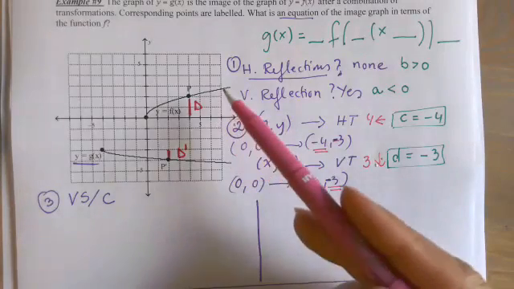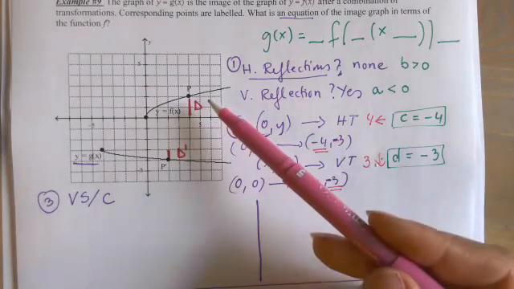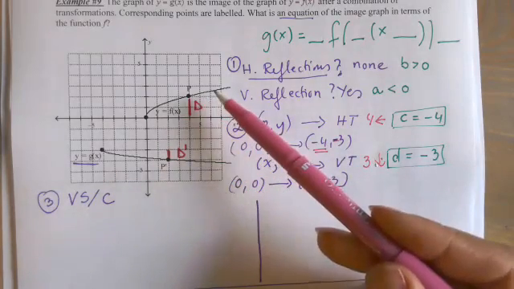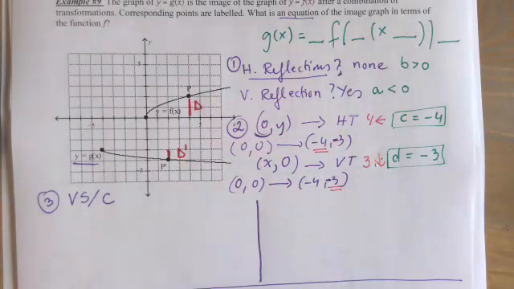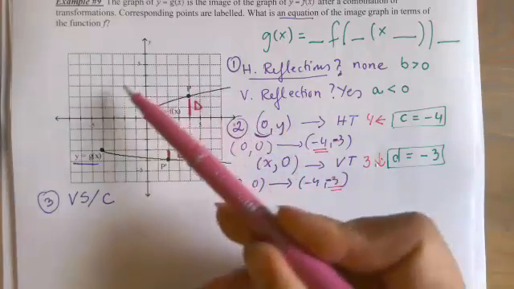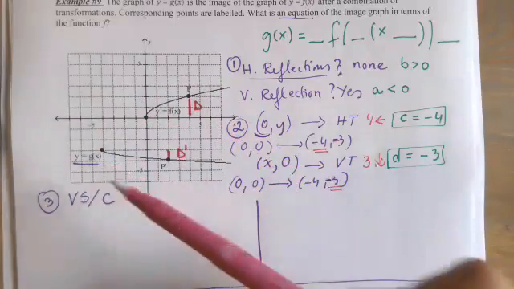Now, just simple comparison, did our graph compress or stretch vertically from this one to that one? Well, if you look at from this to that, yes, but you have to look at the f of x towards g of x.